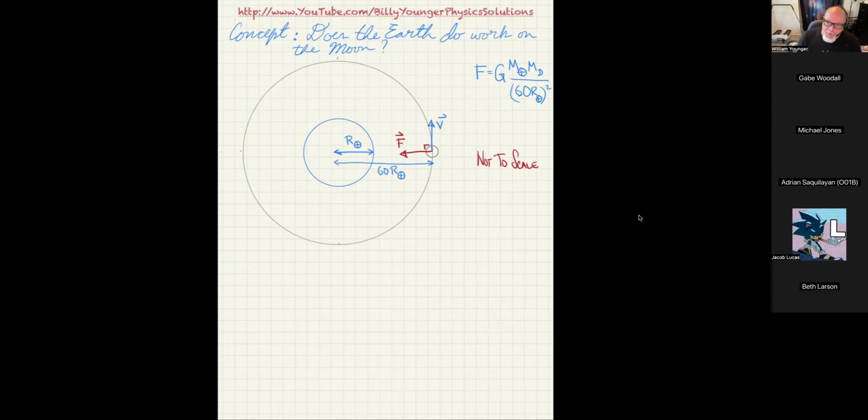So when you multiply v, a vector quantity, times delta t, you get another vector that's parallel to v, and the force is perpendicular to v. So the force and the v times delta t are in fact perpendicular to one another. Therefore, the work done by gravity has to be zero.